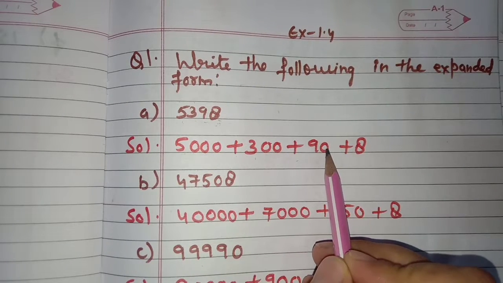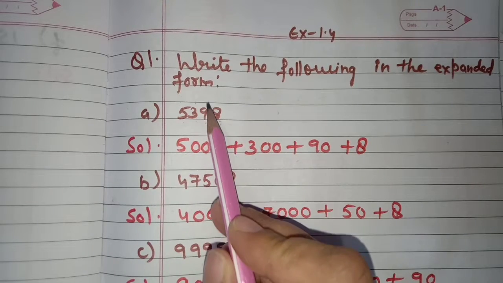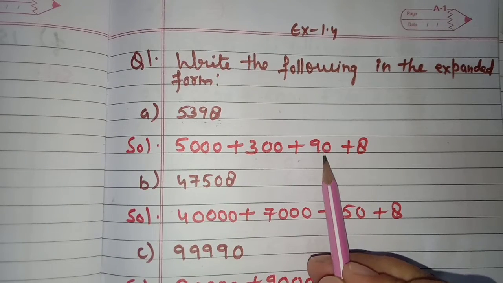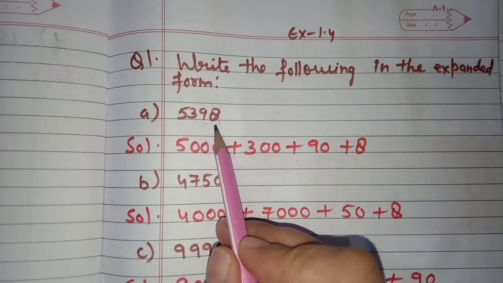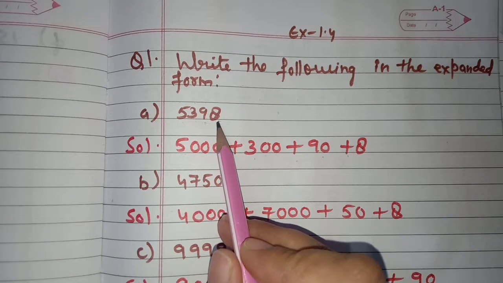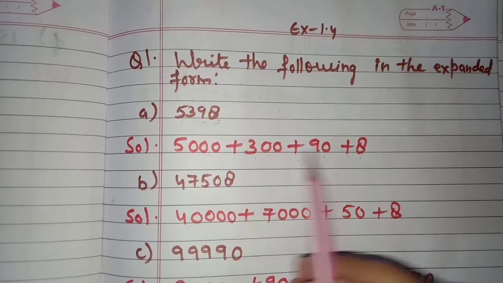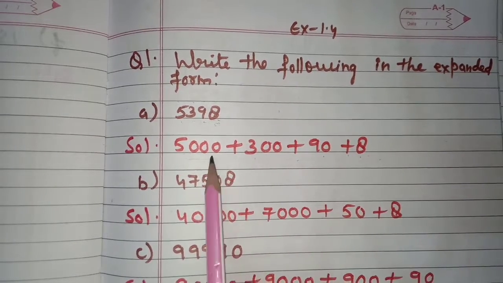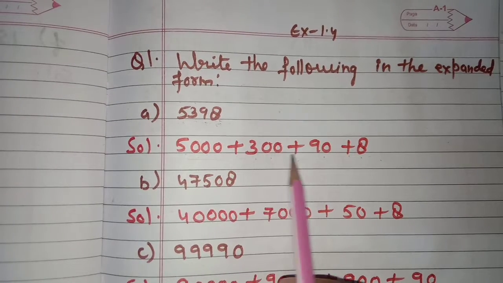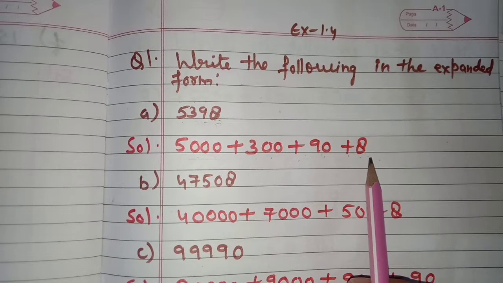So we need to put 10, or you can say 9 is at tens place, so we have to write 90 because 9 into 10 is 90. Plus the last digit, that is the digit which is at ones place, it is 8. So this is how you can write the given number in the expanded form. So it is 5000 plus 300 plus 90 plus 8.